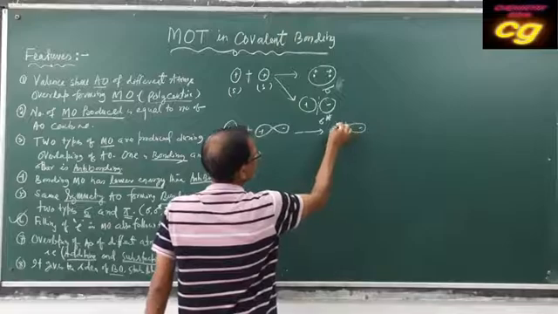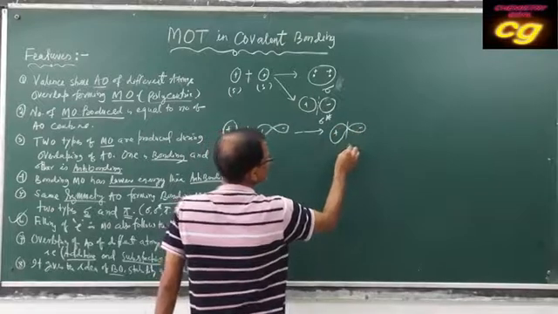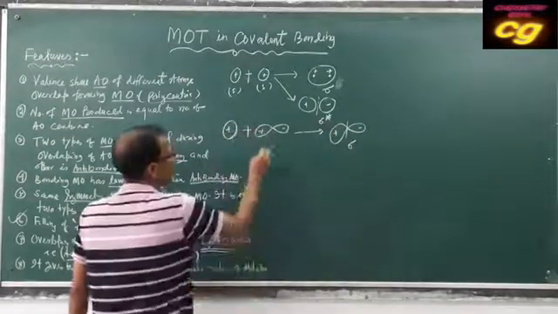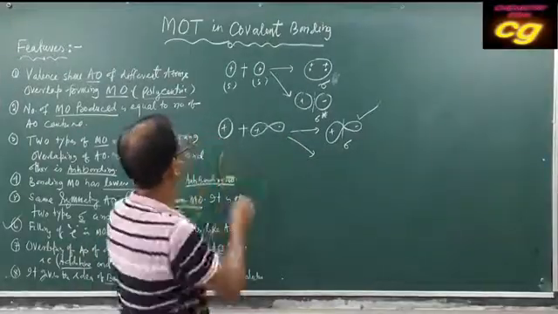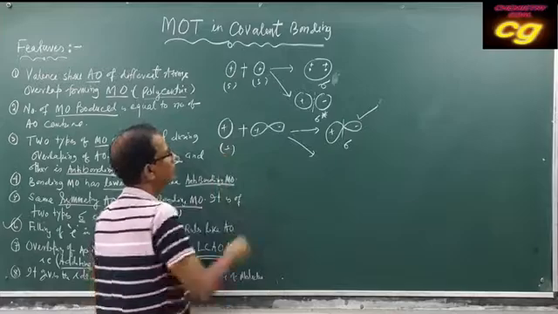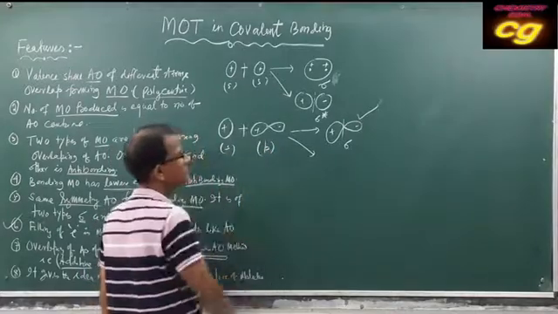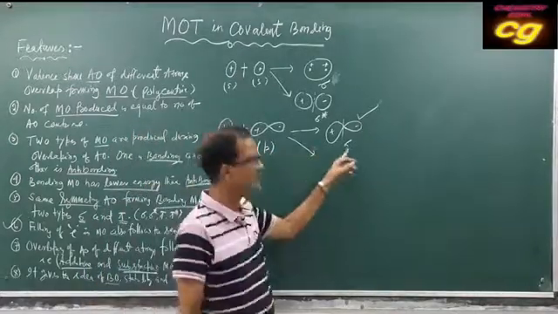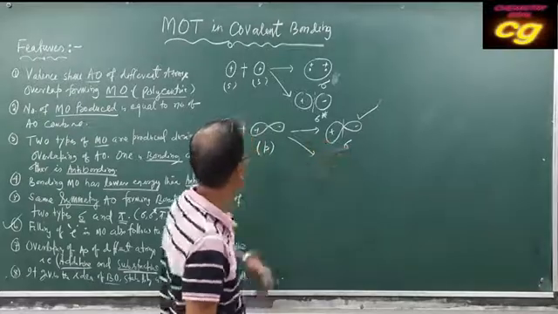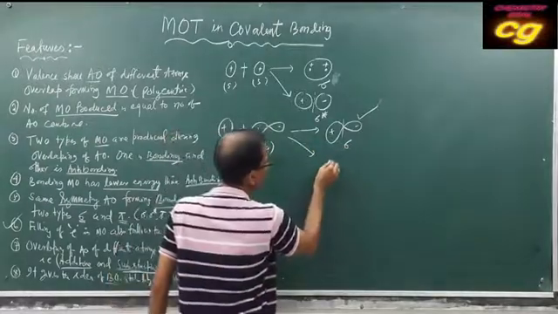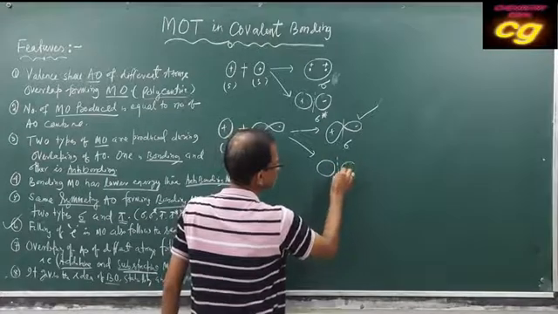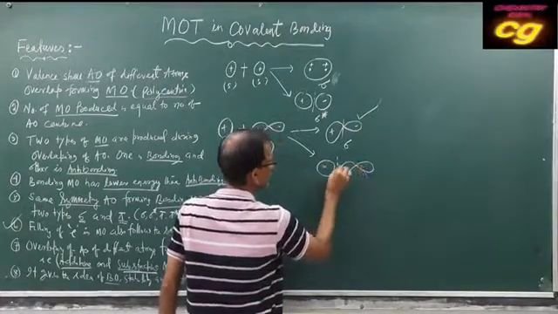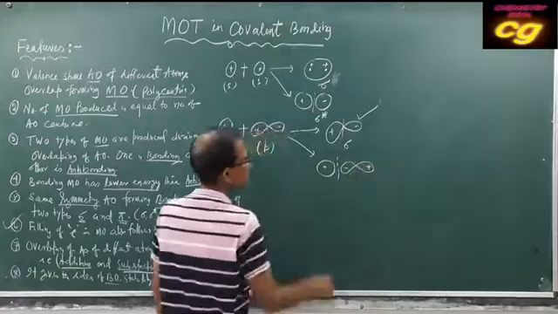This side will be larger in size, and this is your sigma bonding. But how to produce antibonding? An s orbital combined with a p orbital always produces a sigma bond. This is sigma bonding. Antibonding will be like this: this is plus, this is minus, plus. This is sigma star.